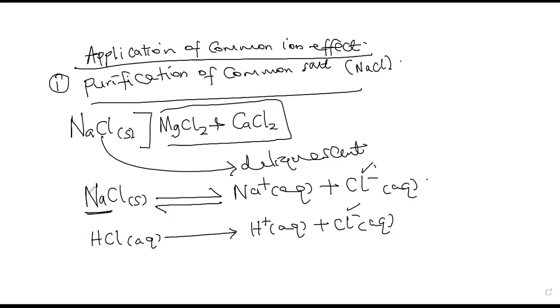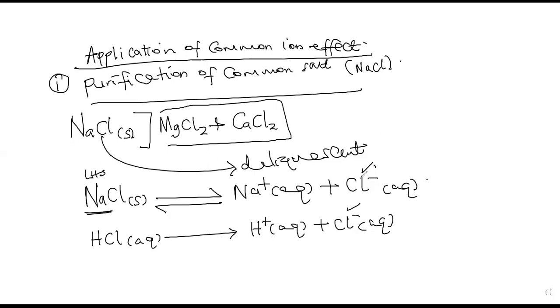And since sodium chloride was on the left side of the reaction, we are shifting the equilibrium to the left, precipitating the sodium chloride again. This decreases the degree of dissociation of sodium chloride, and hence precipitates it, since the solution is already saturated.